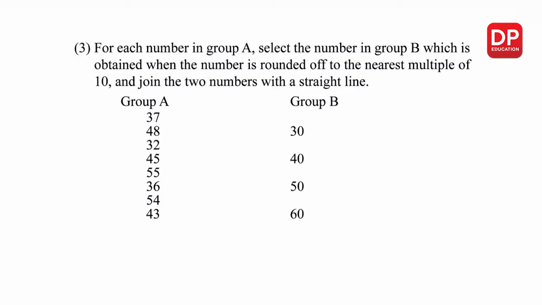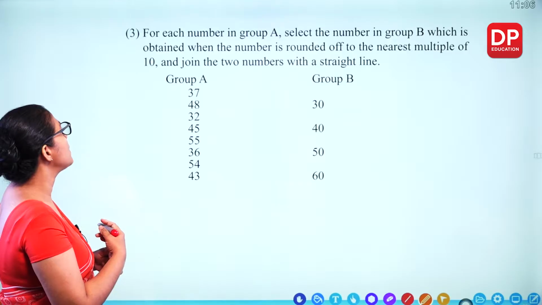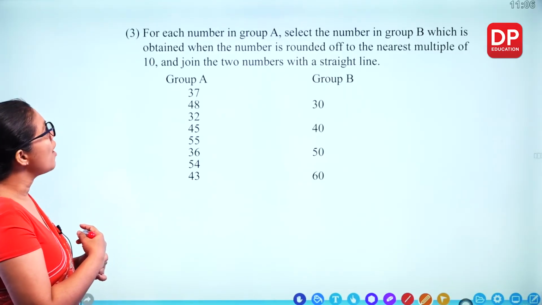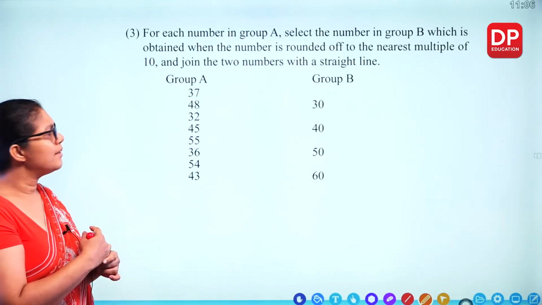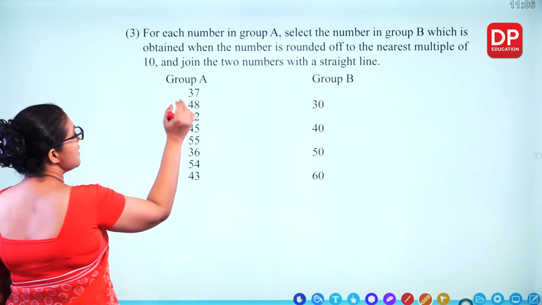For each number in group A, select the number in group B which is obtained when the number is rounded off to the nearest multiple of 10, and join the two numbers with a straight line. 37.